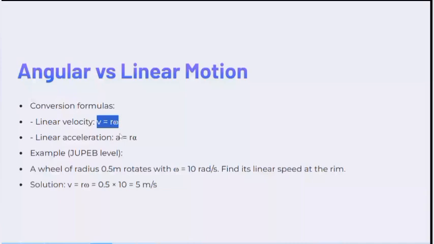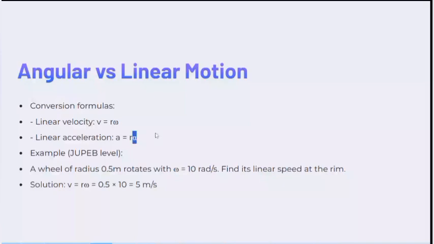So now for linear acceleration, we have this expression. The relationship between linear acceleration and angular acceleration is this expression: linear acceleration A is equal to R alpha. So if you look at this now, the formulas are just similar.